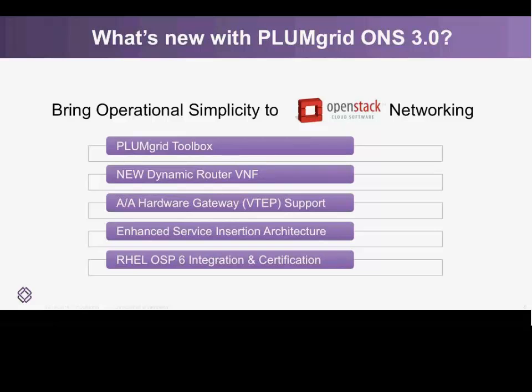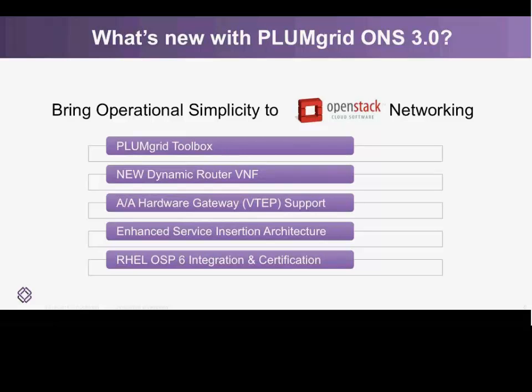Whenever we integrate with a hardware VTAP device, for example, so far we've been integrating and testing with Arista hardware VTAP capable switches. Those can now be configured in an active configuration. So, once more, bringing operational readiness to OpenStack networking with high availability for the hardware gateway as well. Now, we'll certainly go into more details later.